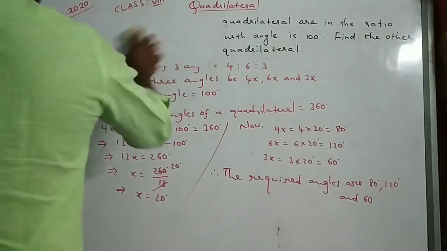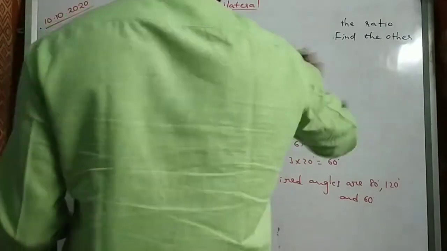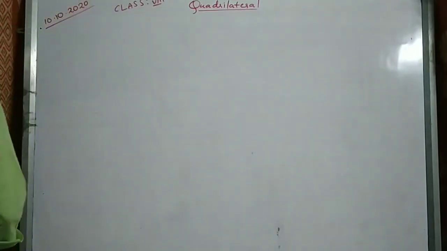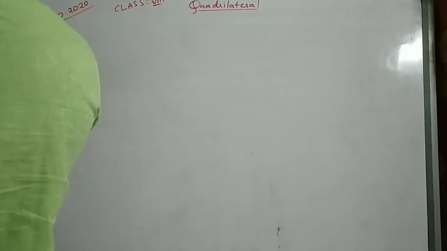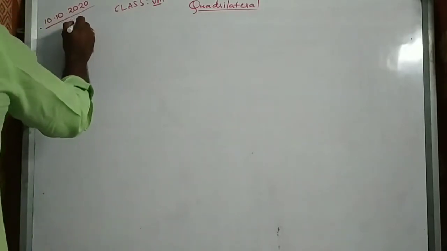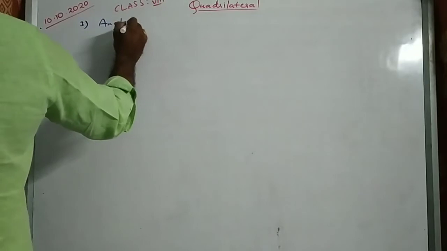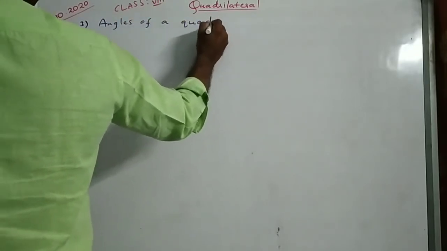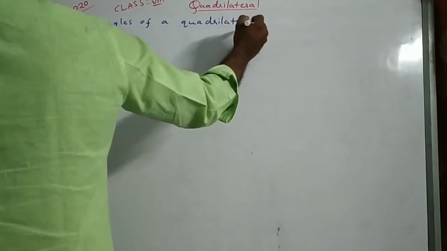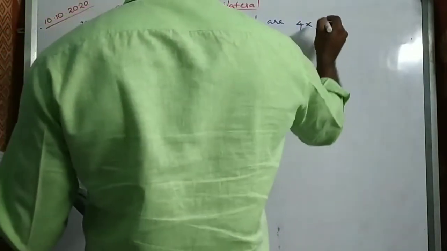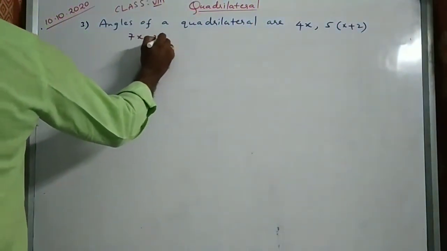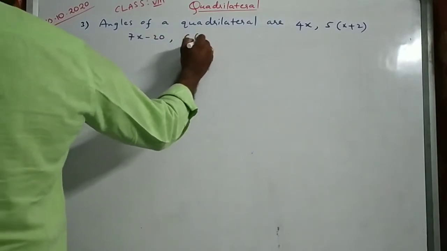Next, third question. Angles of a quadrilateral are 4x, 5 of x plus 2, 7x minus 20, 6 of x plus 3.